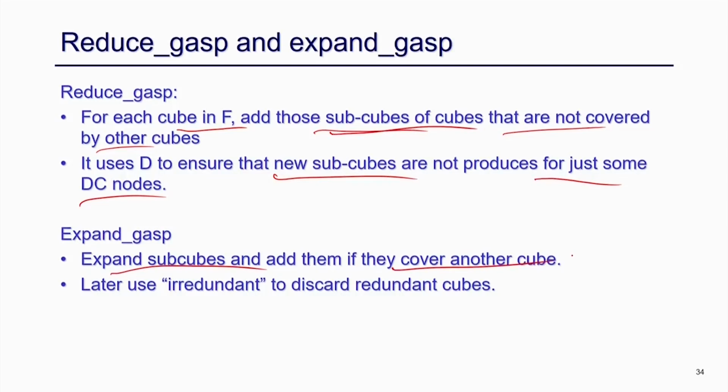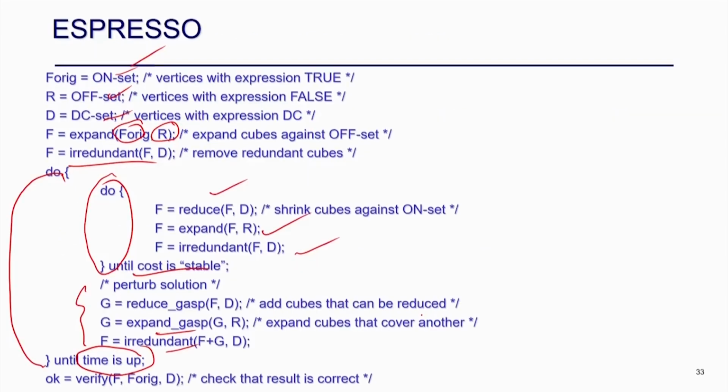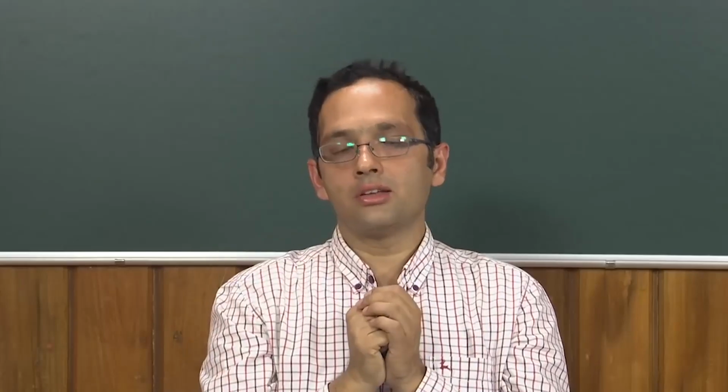This is just a normal expand operation, and then I can use E redundant to remove things. So, this is all about Espresso. It is basically a heuristic. You try to explore all directions. In one direction you get a best solution, then you try to reduce it, and explore the other directions, and this way the inner loop will give you, after some iterations, the best solution from this initial starting point.